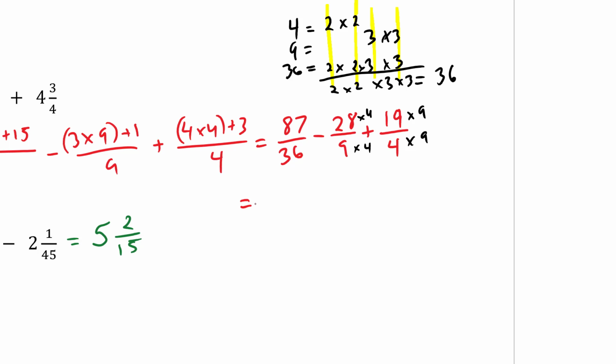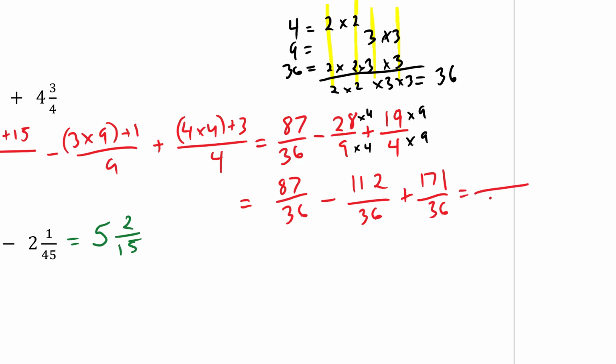Here we now get 87 over 36 minus 4 times 28, which is what, 112 over 36, plus 9 times 19 is 171 over 36. Now we have a common denominator.